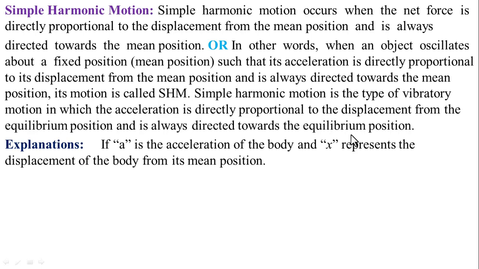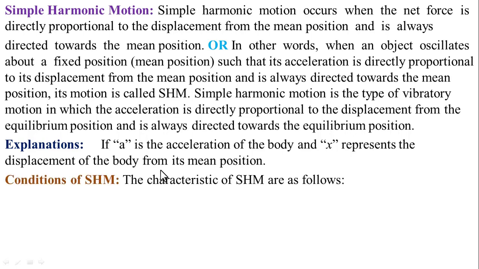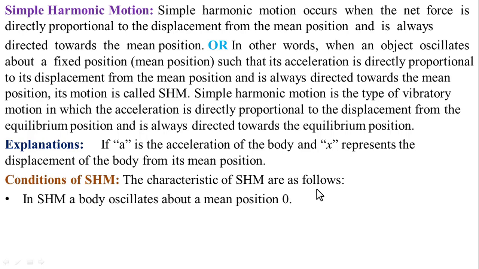So we have the explanation. If a is the acceleration of a body and x represents the displacement of the body from its mean position, then this is the condition for simple harmonic motion. The characteristics of simple harmonic motion are as follows.